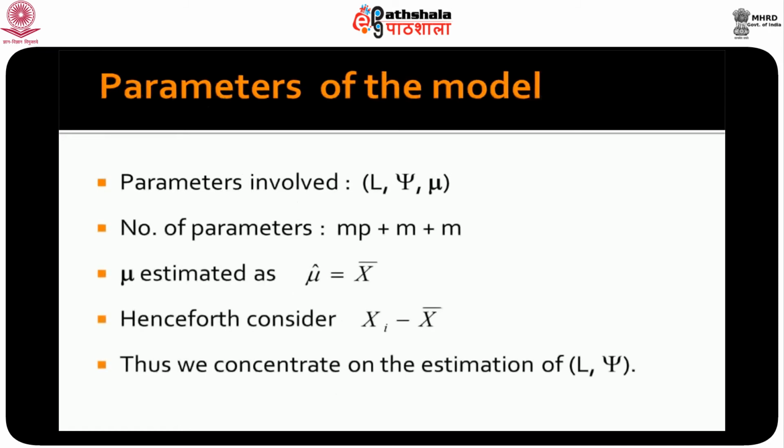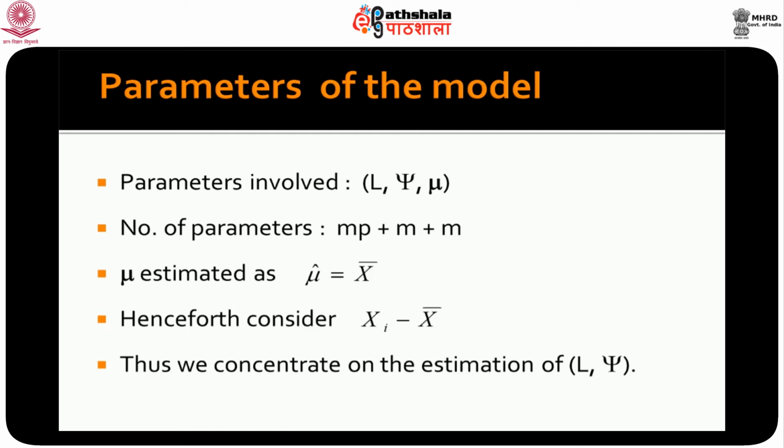Now, when we look at estimation for this problem, what would we be looking at? Primarily, the model has the parameters in L and in the psi matrix. So, there are p into m parameters in L plus the diagonal elements of the psi matrix, which is m. So, there would be mp plus m parameters that we need to estimate, plus the mu, that is the mean of the process.